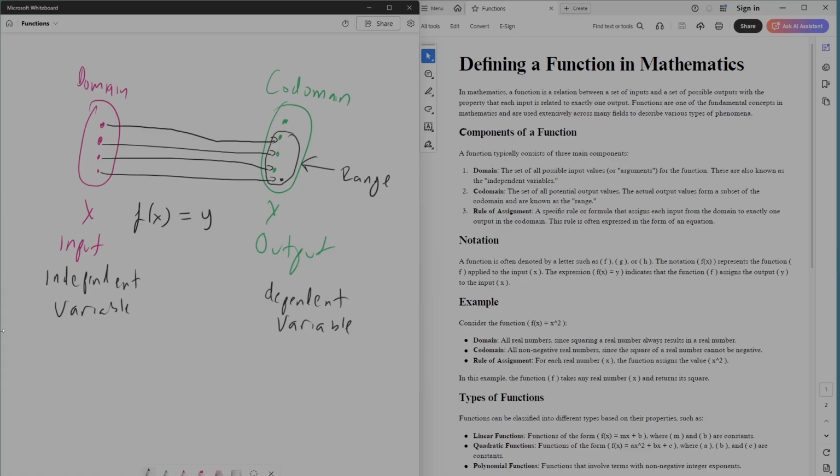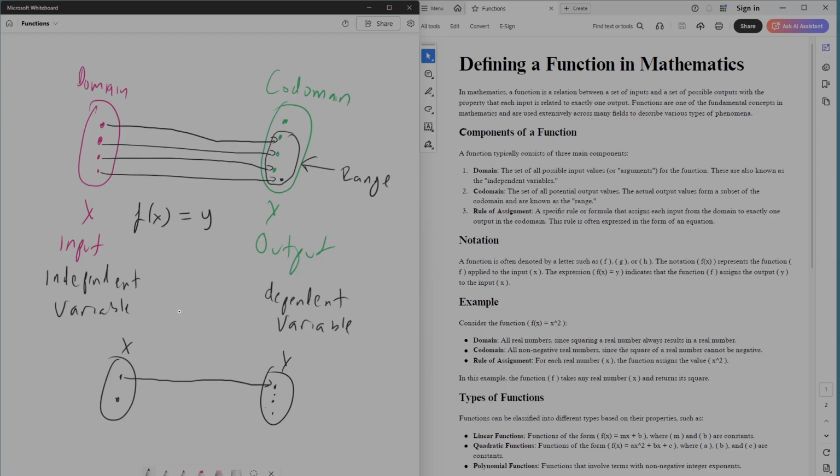So now let me give you one example of what is not a function. So let's say you have something that looks like this. So you have your x and your y, and then you have multiple y's here, and then one of the x's goes to the y here as usual.